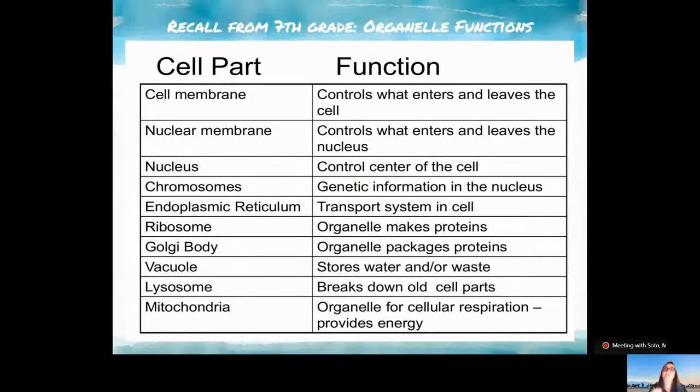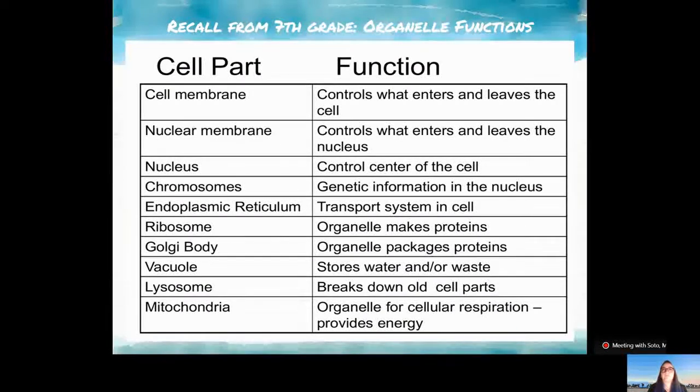Cell membrane is what is going to control what goes in and out of the cell. So all of these cell functions and cell parts you should be completely familiar with, just in case. They're here for you to learn. Now, there are more cell parts, but these are the ones that are present in basically every cell.